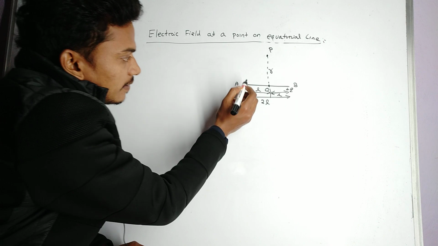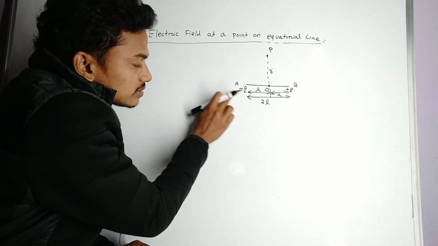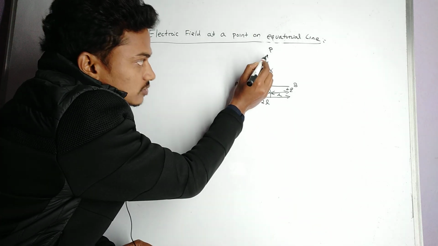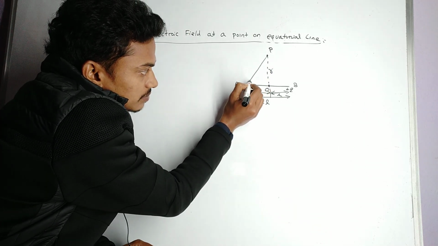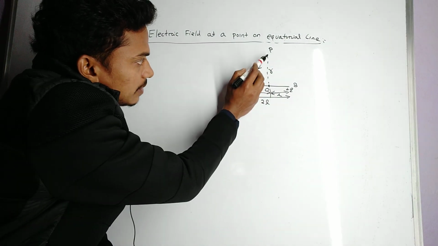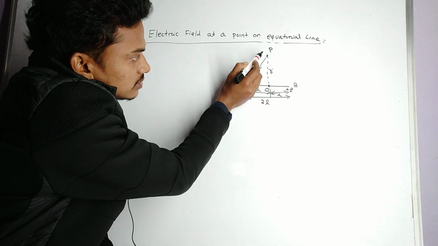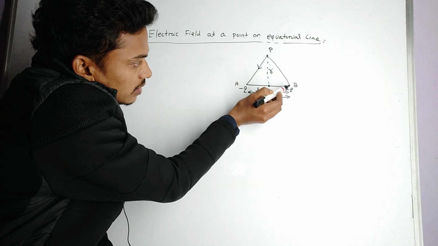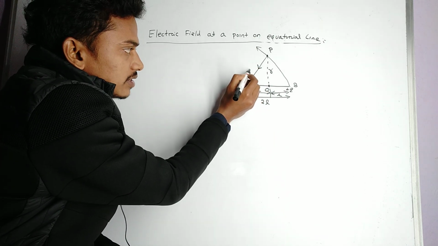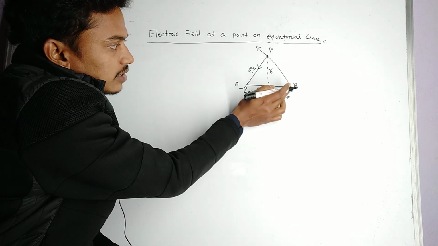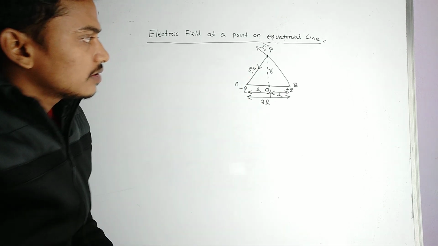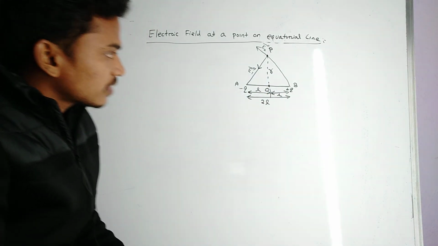The electric field at point P due to this minus q charge is towards that charge, and the electric field at point P due to this plus q charge is away from that charge. Suppose the electric field due to minus q is named E1 and the electric field due to plus q charge is E2, and this distance is r.